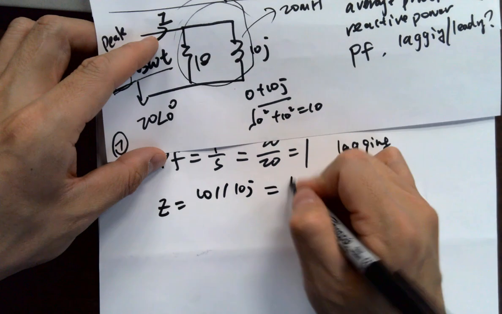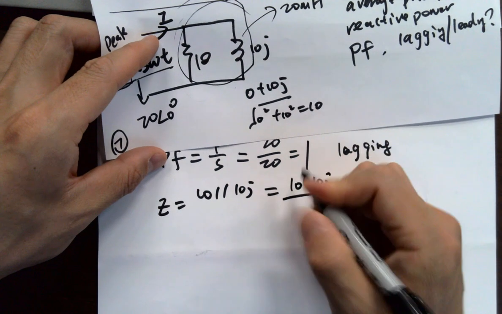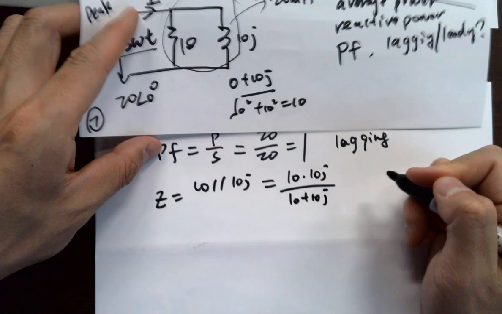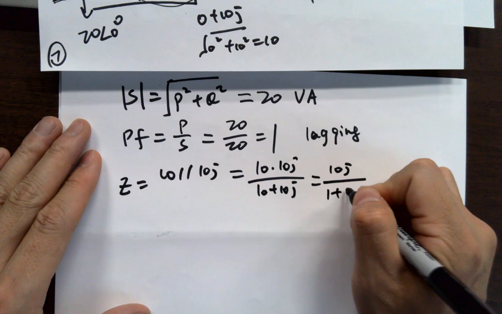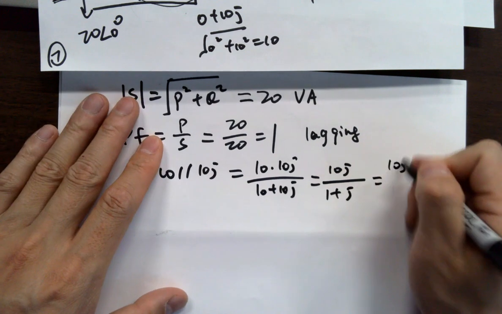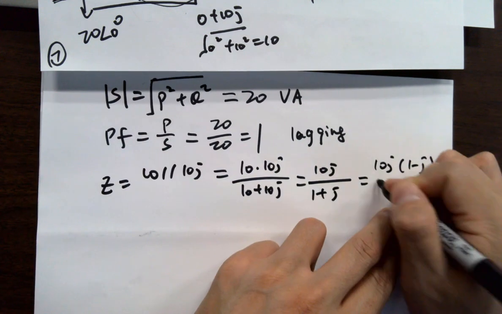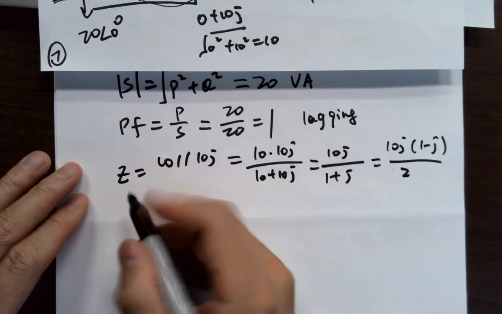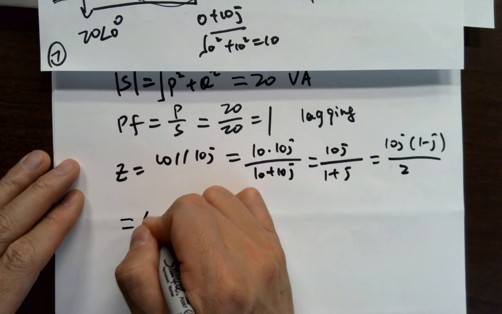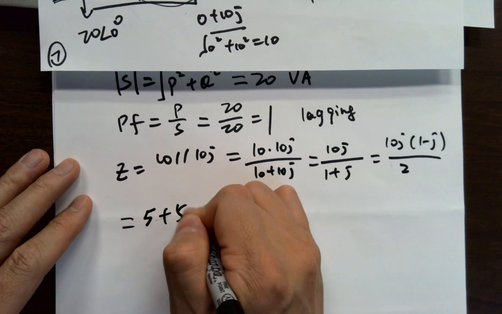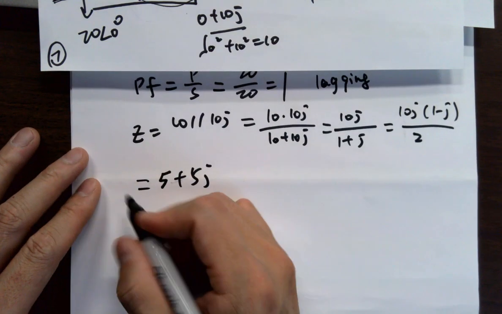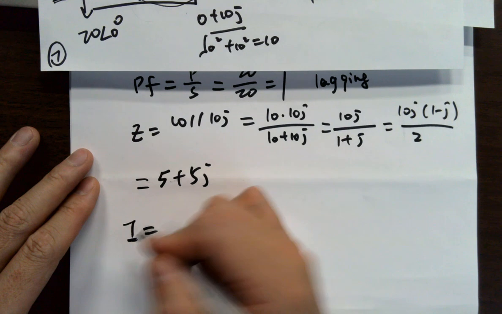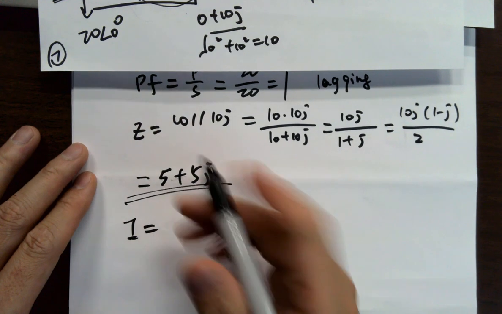Which is 10 times 10j over 10 plus 10j. That's the overall impedance, right? So current equals, I already drew the conclusion here, but let's find out.